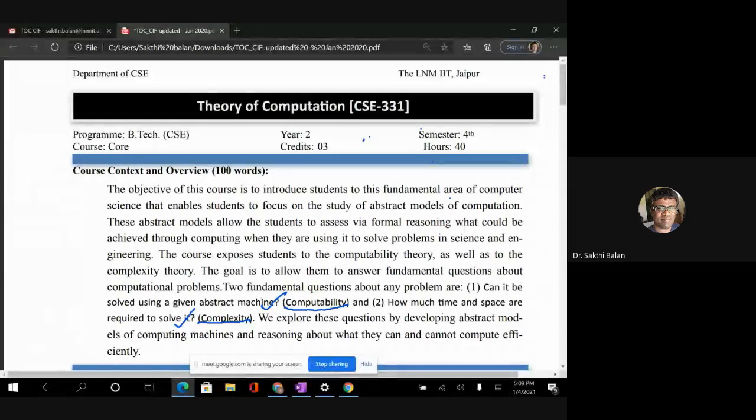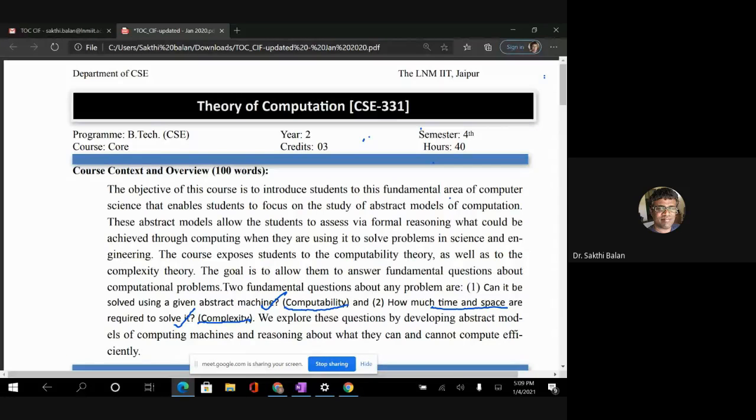Computability is what computational problems you can solve using an abstract machine. And complexity is, once you are able to solve some problem, what is the time and space required to solve it.